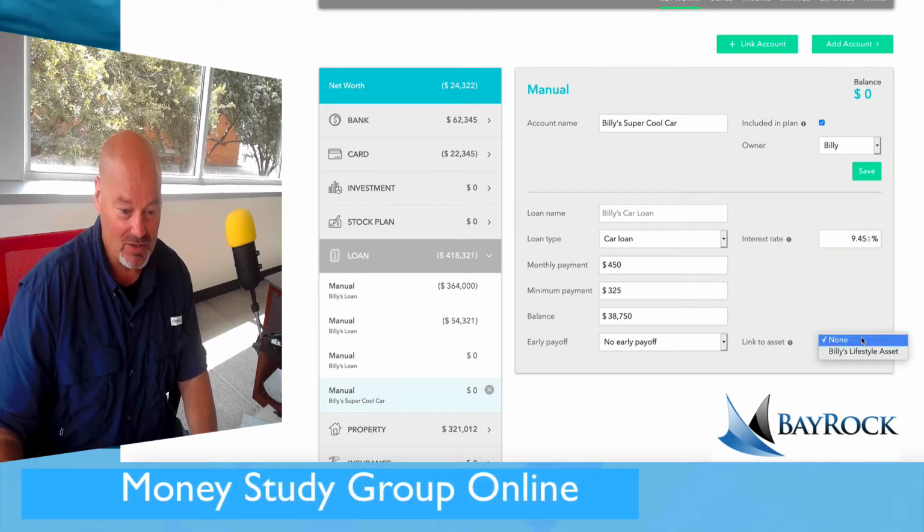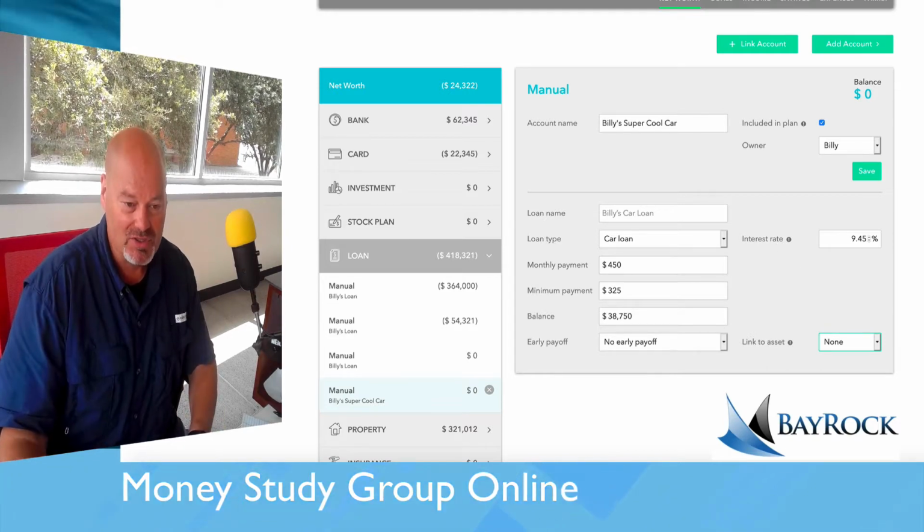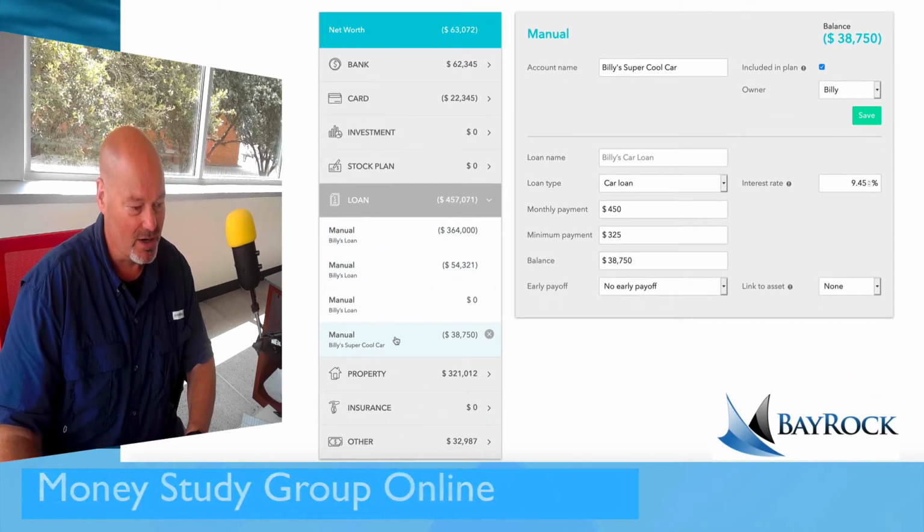And we're going to link it to an asset. No, let's not do that. So now we've got a loan for Billy's car. So we hit save, and that's Billy's car. And now we should have Billy's cool car.